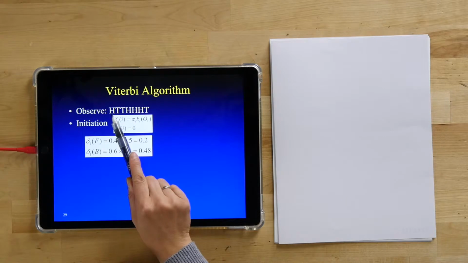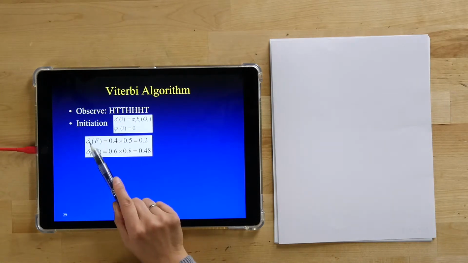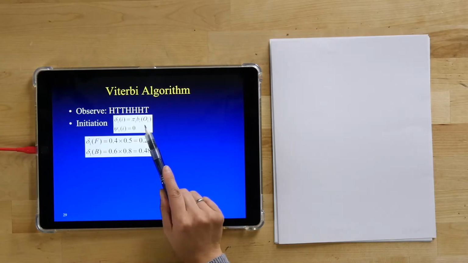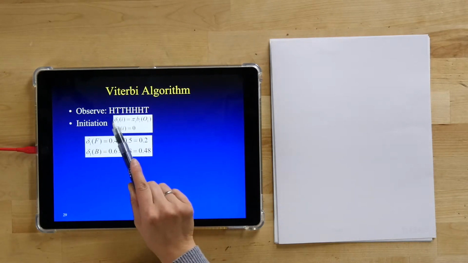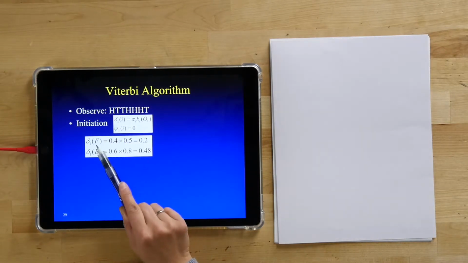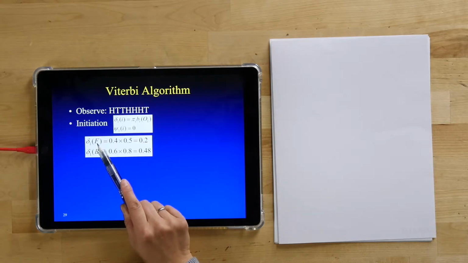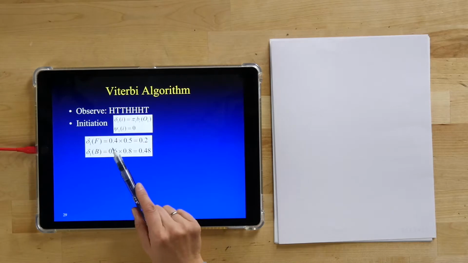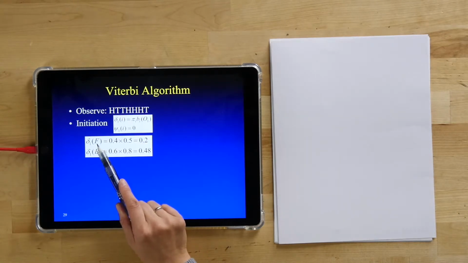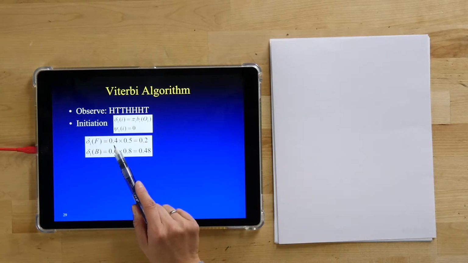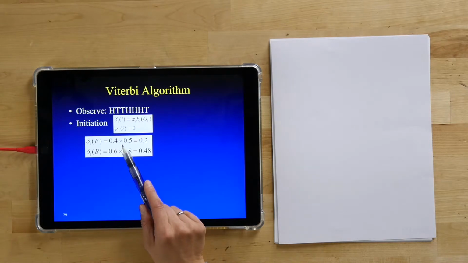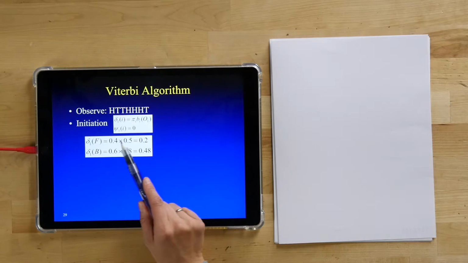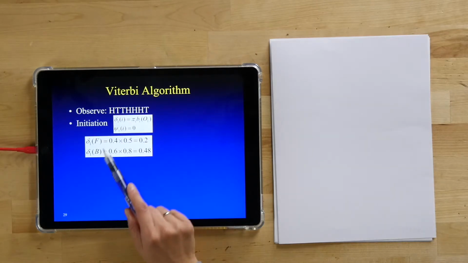We know that for the first coin, we calculate the delta 1, which is the probability of observing a head coming from a fair coin. So this part is easy. So first we have to use a fair coin. This is the initial probability of 0.4 times the emission probability of using the fair coin to give a head.